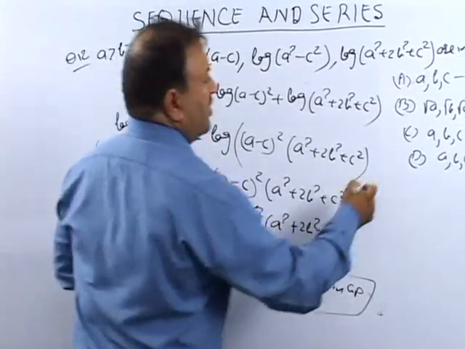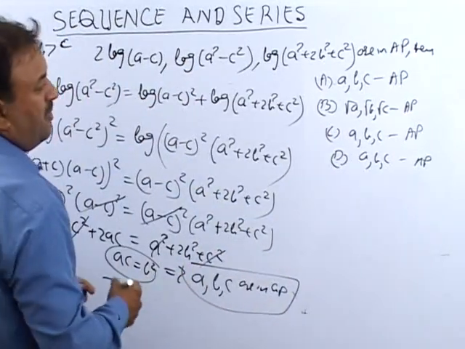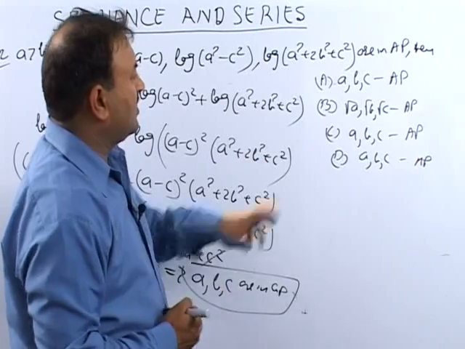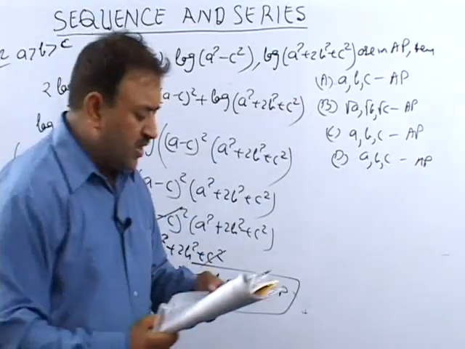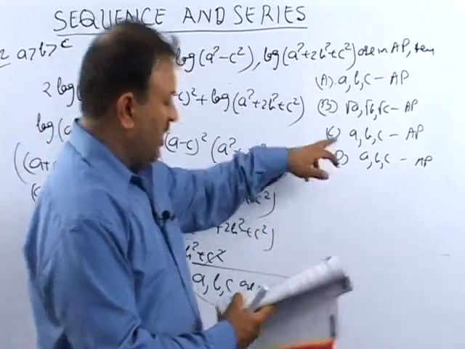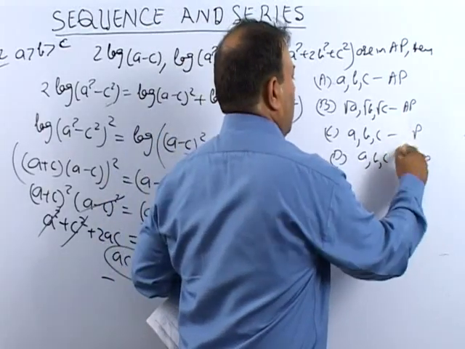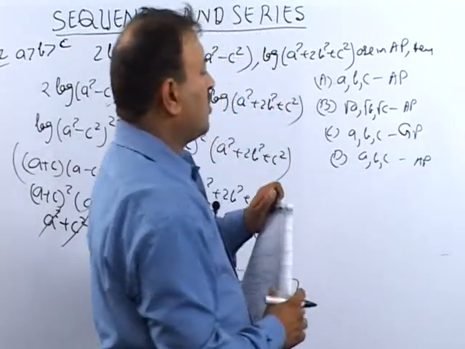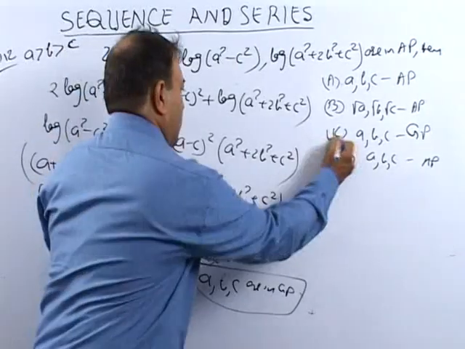So the right option is A, B, C are in GP. I check it out of the 4 options given to us. First option is A, B, C in AP. Second option is root A, root B, root C in AP. Third option is not in AP, it is in GP. Fourth option is A, B, C in HP. So the right option is C.